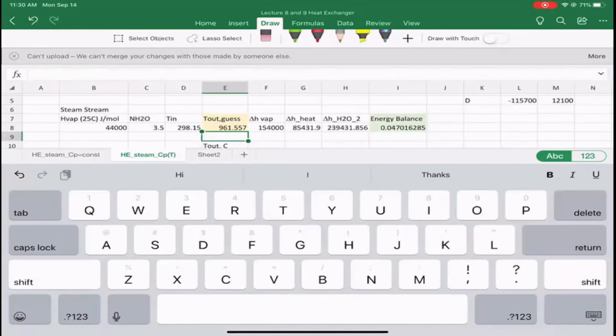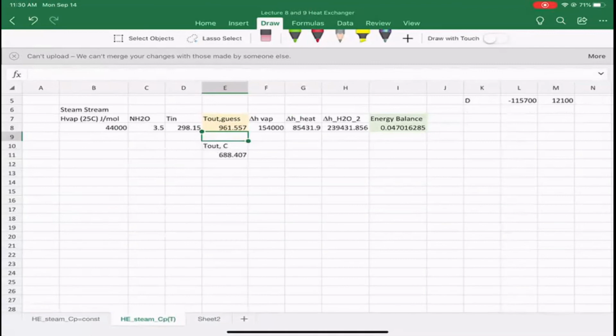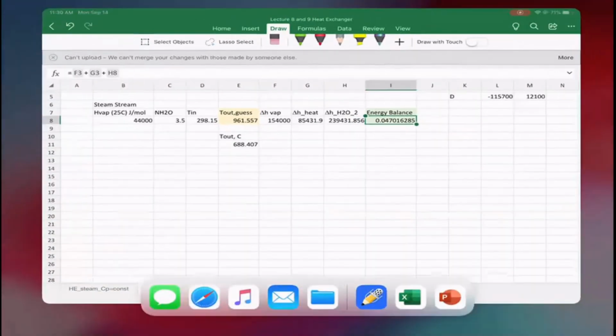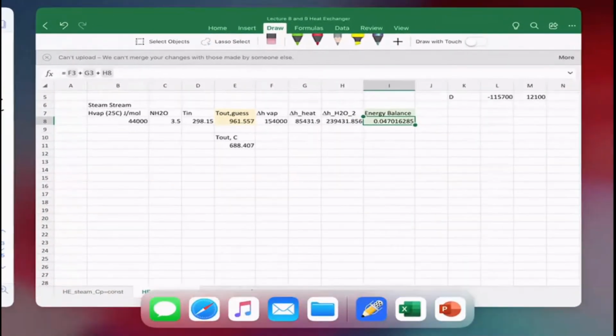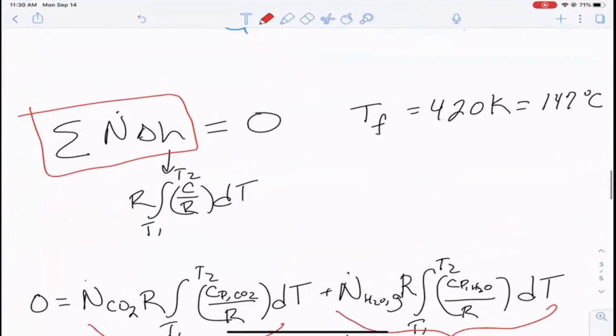And you'll notice that, okay, the result of the energy balance, I didn't do it to nine digits like they would, but that's 0, right? So essentially what we found is that T out is 688 degrees C, okay?